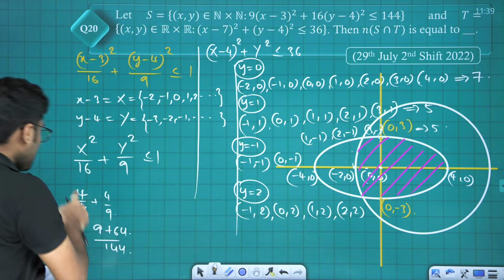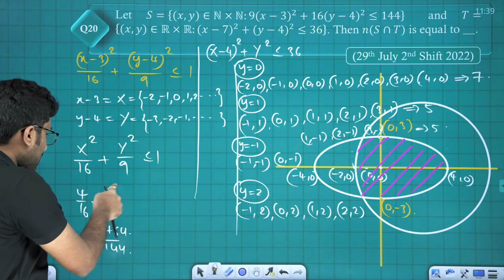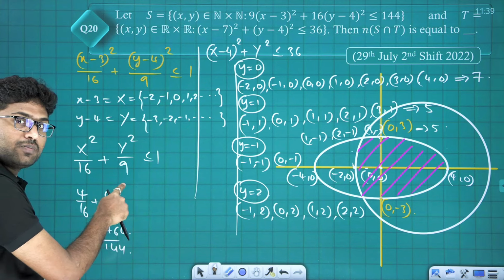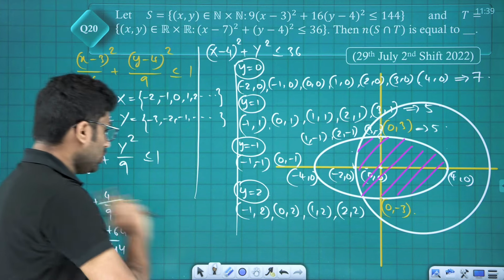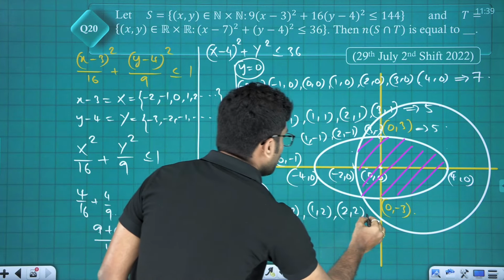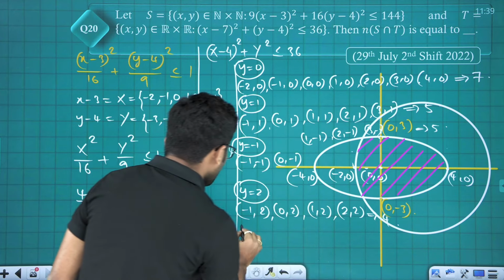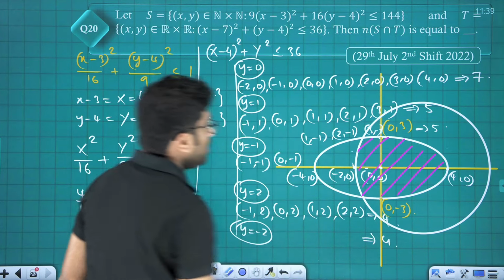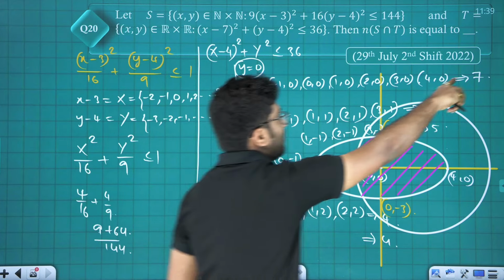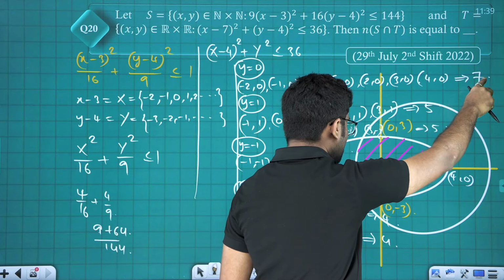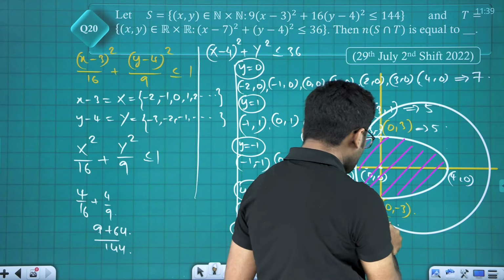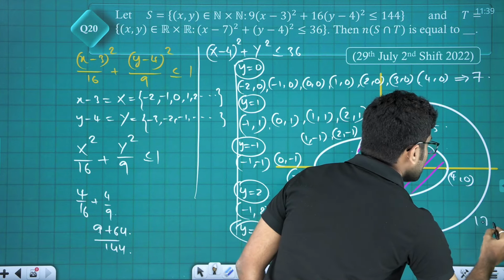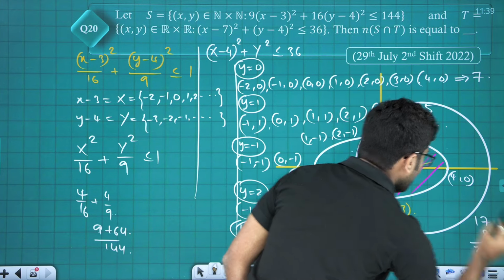3, 2: 9 nines are 81 plus 64, that will not work. So only these 1, 2, 3, 4 points, 4 points we have got. When y is equal to -2 we also get the same 4 points. Till now we have got 7, 10, plus 17, 17 plus 8, 25.